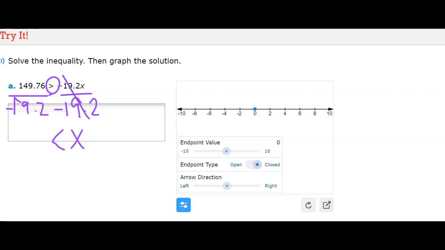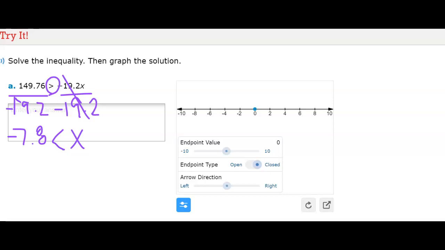And so the 149 76 divided by the negative 19 2/10 is equal to negative 7 8/10. And so now we must graph that on our number line.